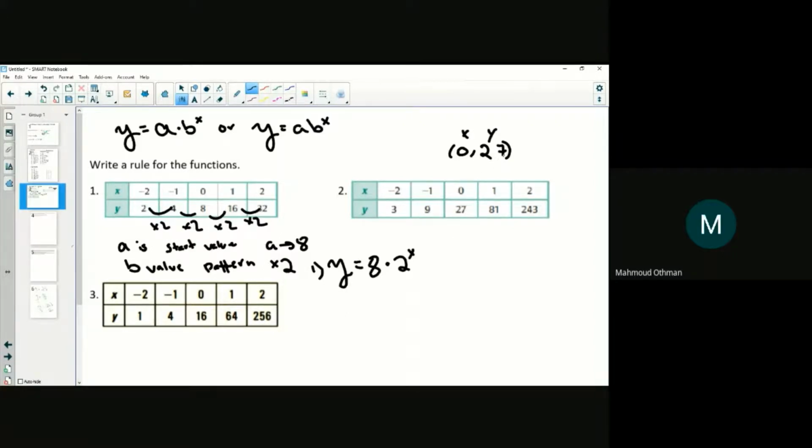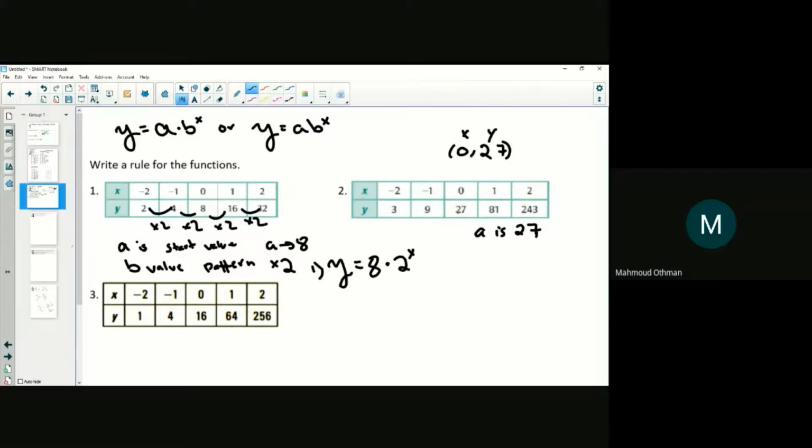So the starting value is 27. So a is 27. Now I've got to look for my pattern. How do I get from 3 to 9? By adding plus 6, plus 18, plus 54. So there's no real adding pattern.